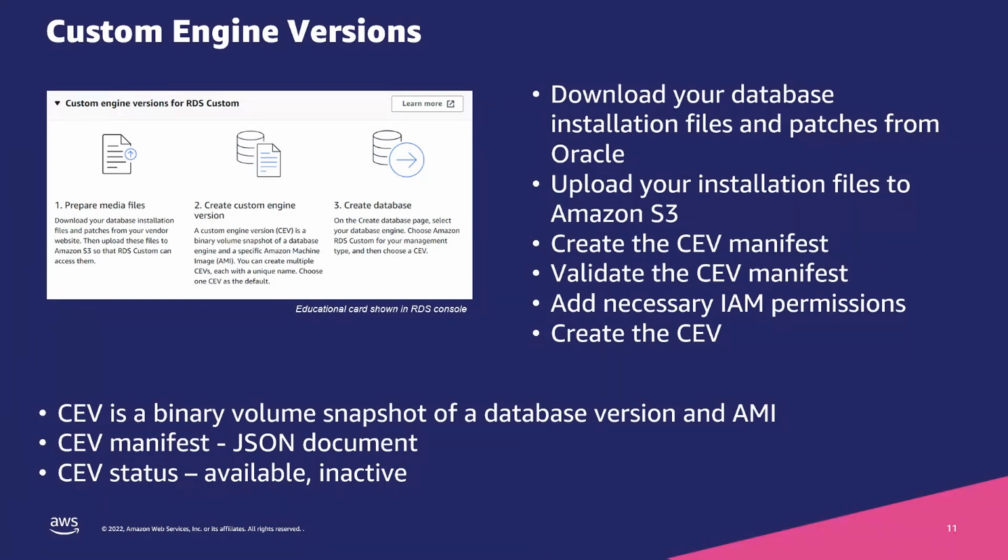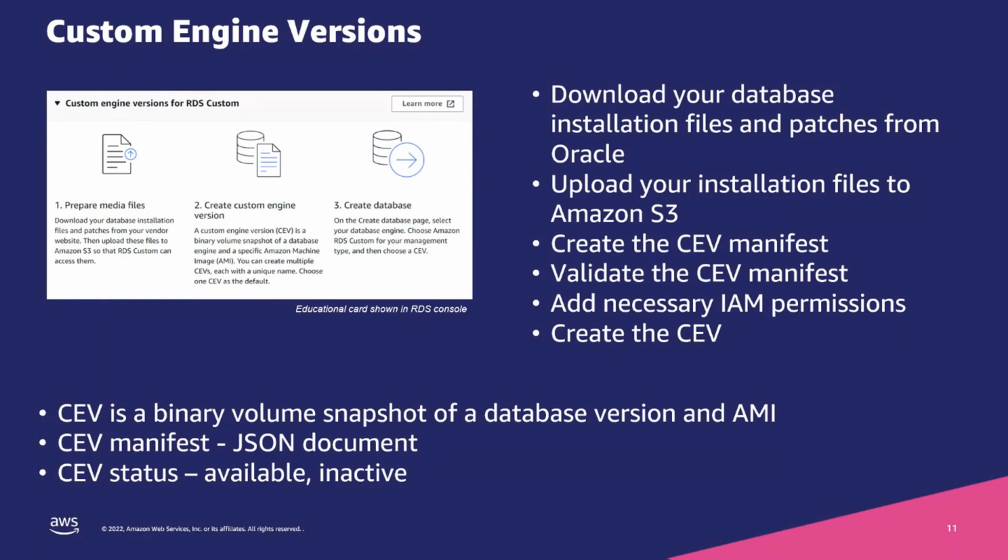So you as customers, you have to download the installation files from the vendor website and upload them into Amazon S3. Once the files are loaded into the S3 bucket, you will use those media files to create a custom engine version. Now, this will contain the major and the minor version files required to launch an RDS Custom DB instance.